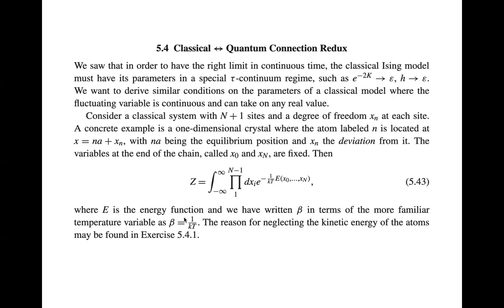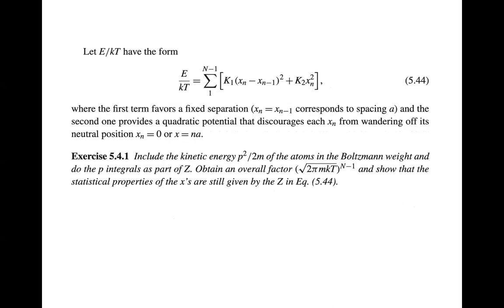So where E is the energy function, and we have written beta in terms of the more familiar temperature variable, beta equal to 1/kBT. The reason for neglecting kinetic energy is that kinetic energy basically becomes roughly a number. It can be found in this problem.